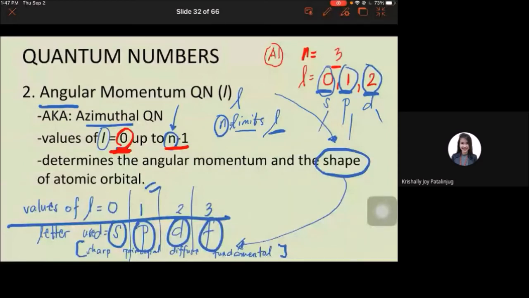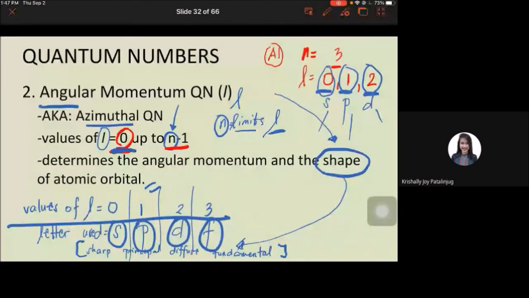Very good. Question. Posible ba na may zero na n value? No. Then for L value, pwede may zero, kasi nga, from 0 to n minus 1.